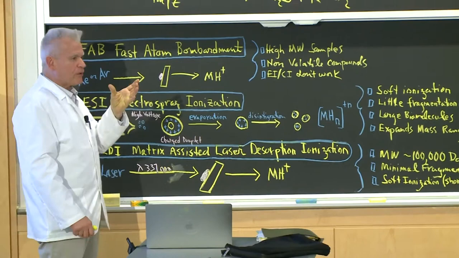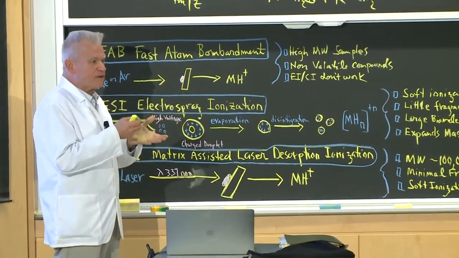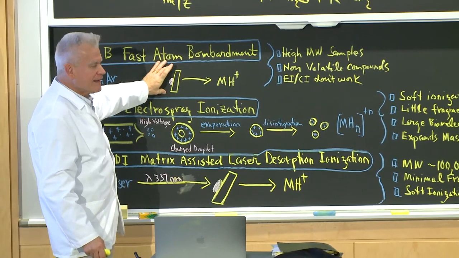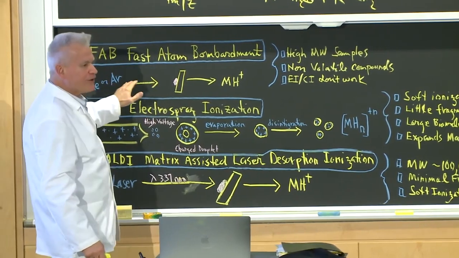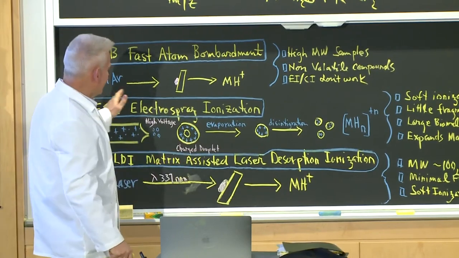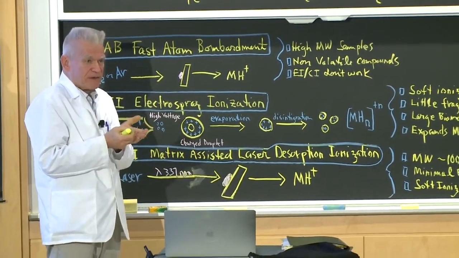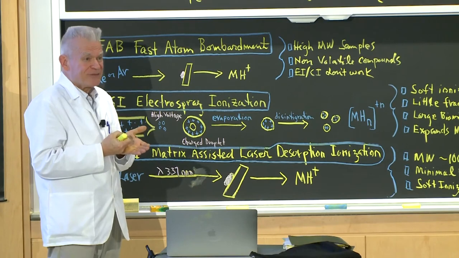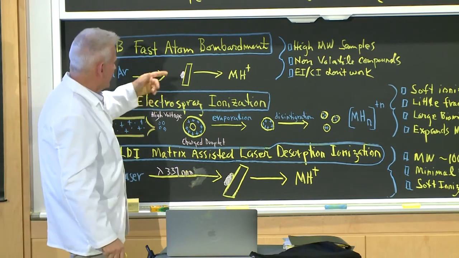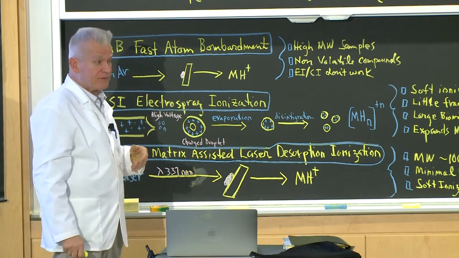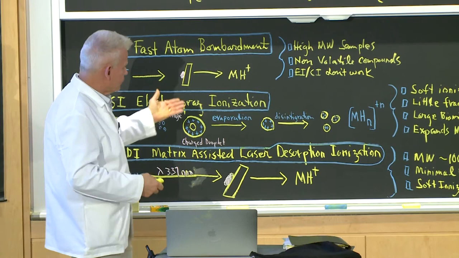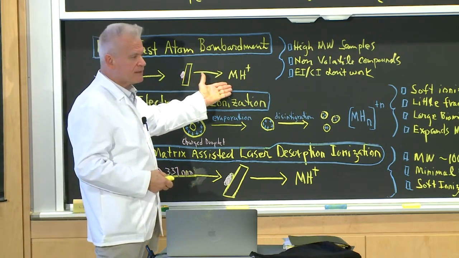You take your sample, mix it with a little bit of glycerol, put it on a metal target, and then we shoot xenon and argon atoms at it. Very high speed, high energy. And the glycerol in your sample absorbs the shock of the impact with those atoms. And we have some trifluoroacetic acid in there, TFA, so that we can produce these M+1 peaks.